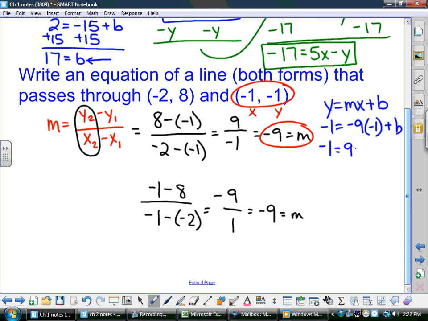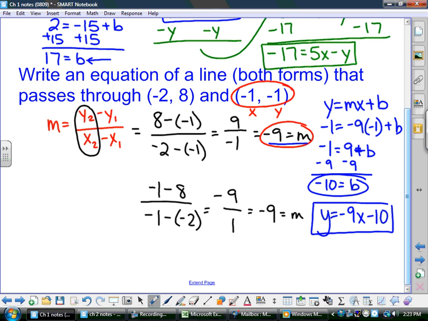So negative 1 equals positive 9 plus b. And b equals negative 10. Plugging in the slope and the y-intercept, we get an equation of y equals negative 9x minus 10. There's the equation of the line in slope-intercept form.